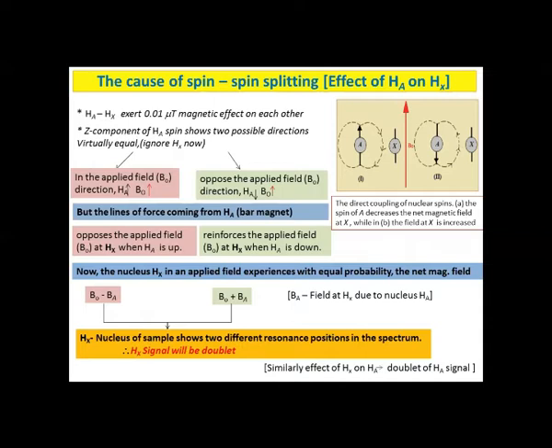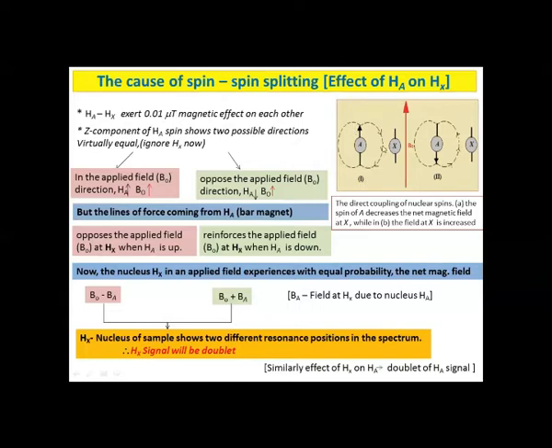The two hydrogen nuclei HA and HX are sufficiently close together in space, in a crystal lattice, and then they exert an appreciable magnetic effect on each other, probably 0.01 microtesla. Let us just ignore for the time being the directions of the HX nuclei.